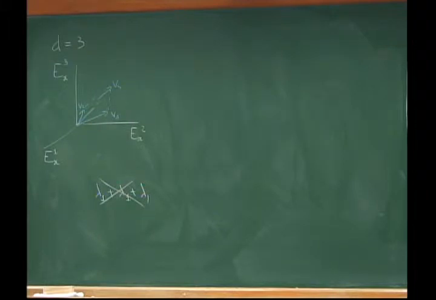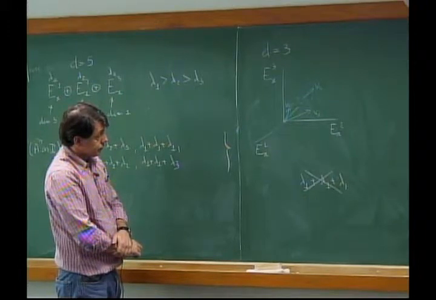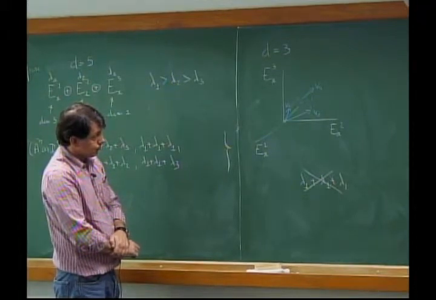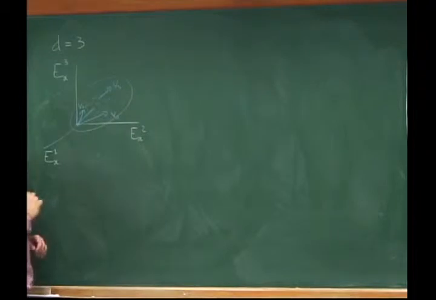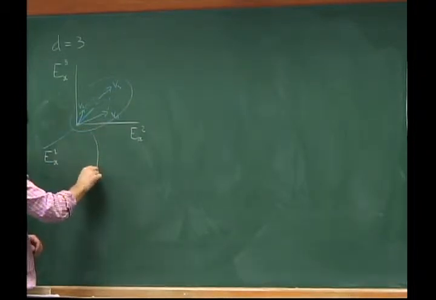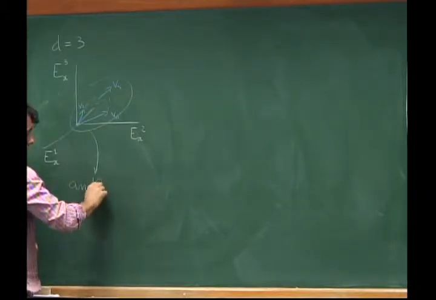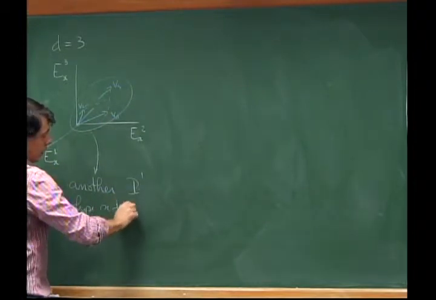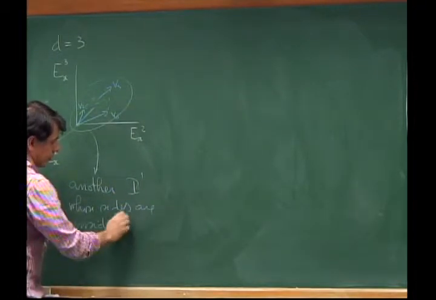Okay. Now, how can we fix it? We can fix it by relating this parallelogram to another parallelogram, P prime, whose sides are inside auxiliary subspaces.